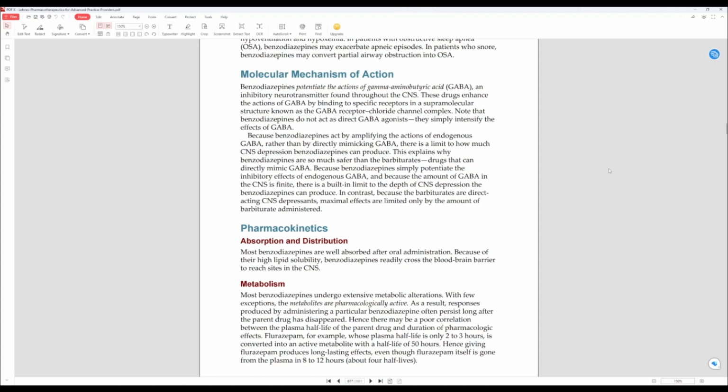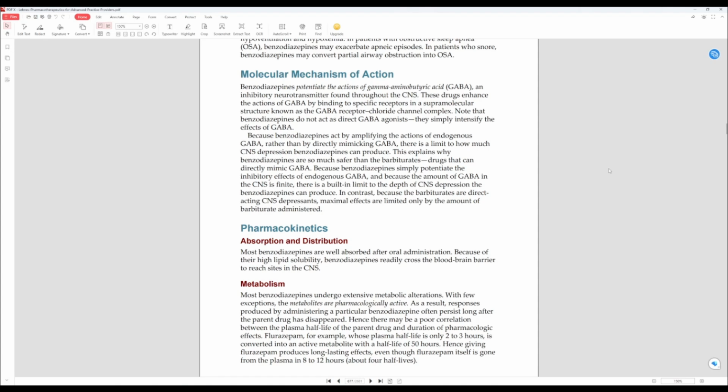Because benzodiazepines act by amplifying the actions of endogenous GABA, rather than by directly mimicking GABA, there is a limit to how much CNS depression benzodiazepines can produce. This explains why benzodiazepines are so much safer than barbiturates, drugs that can directly mimic GABA.